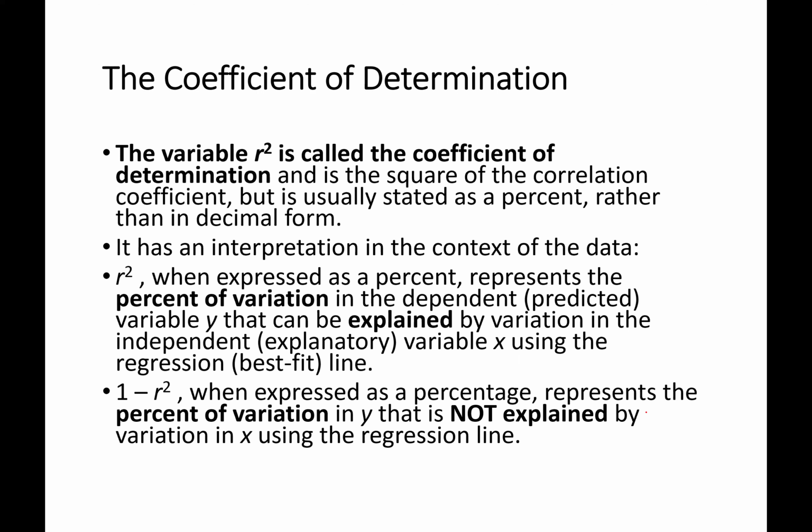So if you look at your data and the line that best fits your data, there is going to be variation in the actual data values of your dependent variable from the values derived from your regression line. And so the variation in the y value that can't be explained by the variation in x is this coefficient of determination.